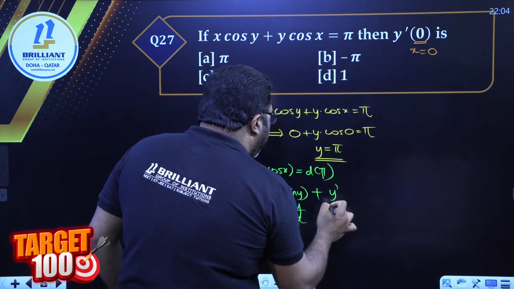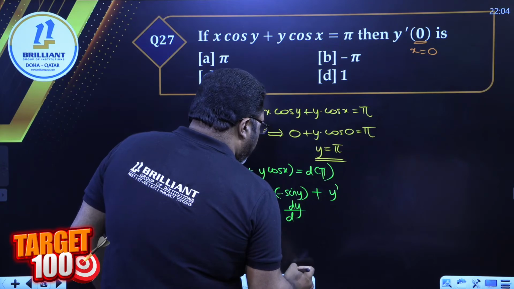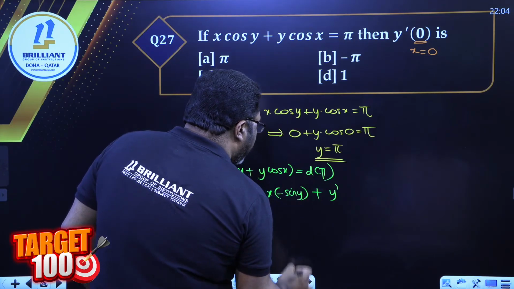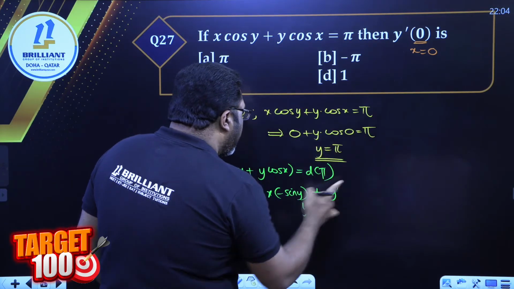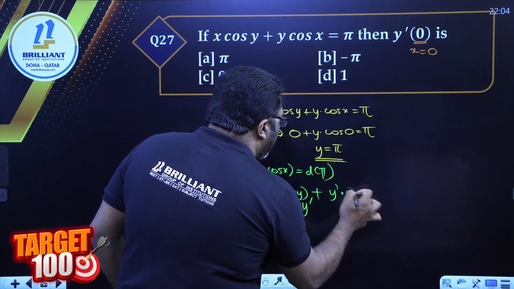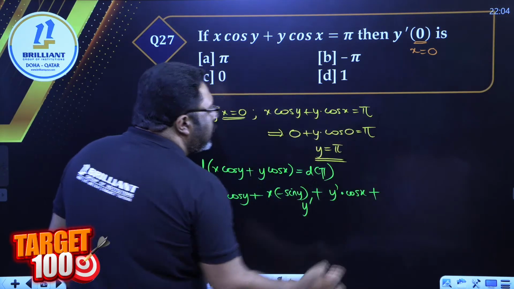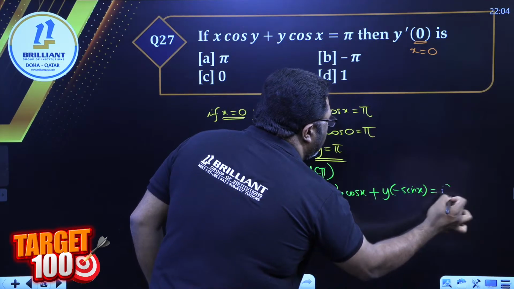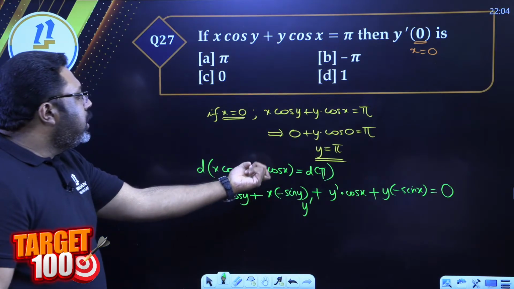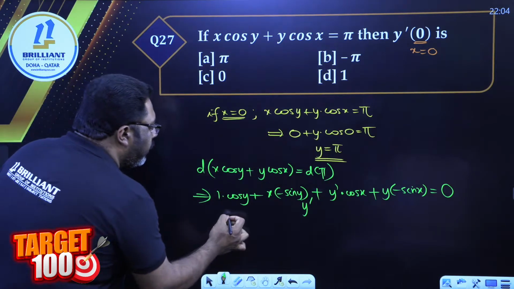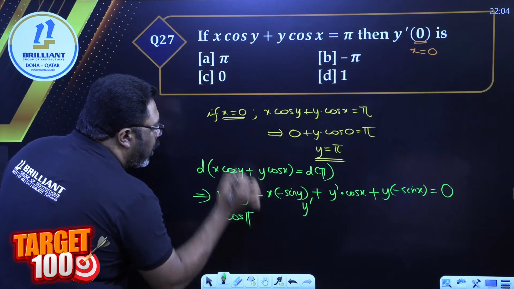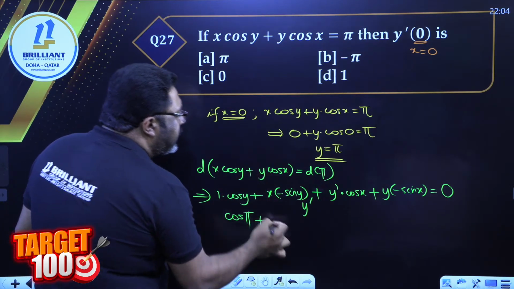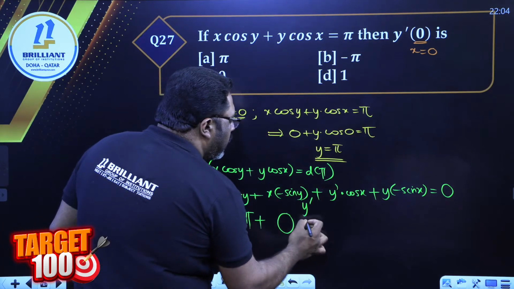Let me call dy by dx as y dash itself, easy for us. Y dash into cos x plus y into minus sin x. I'm just using the product rule, equal to 0. Substitute the values of x and y. This is cos pi, x is 0, second term is 0.